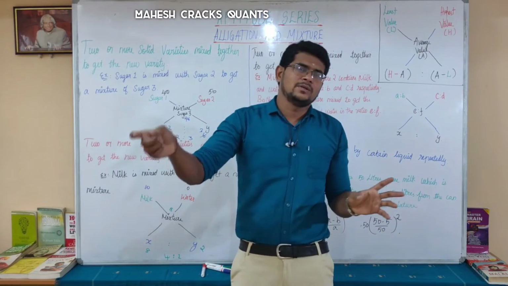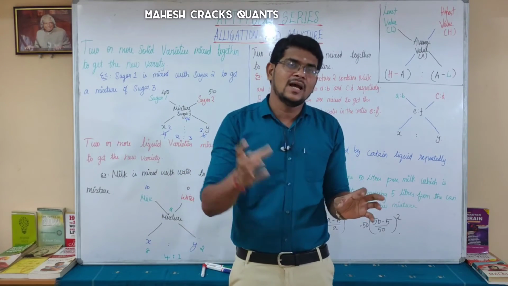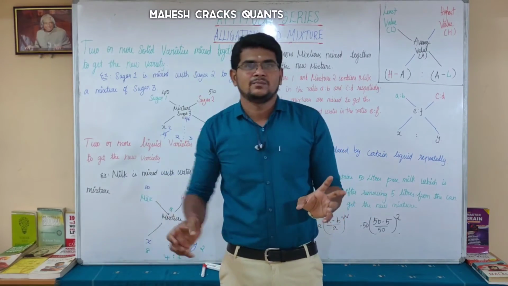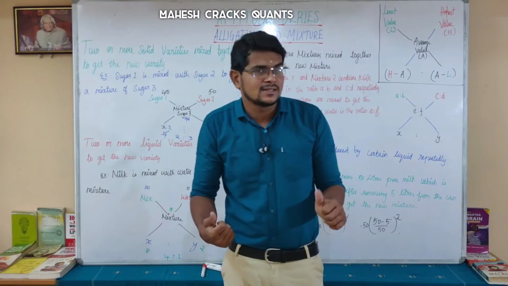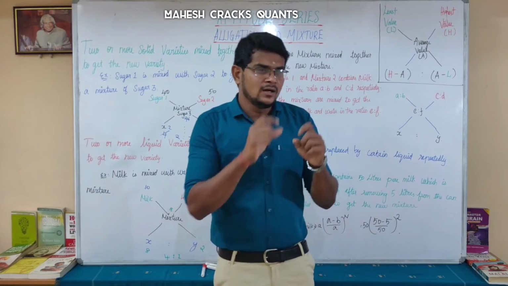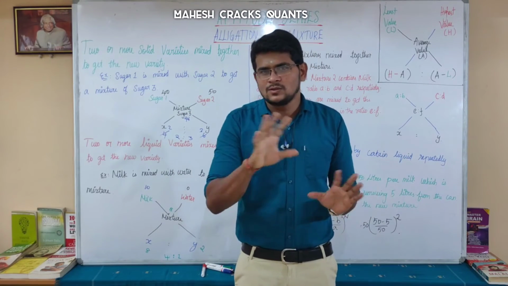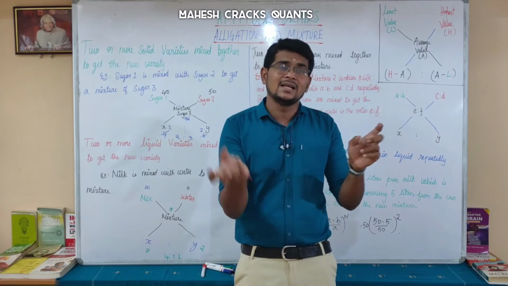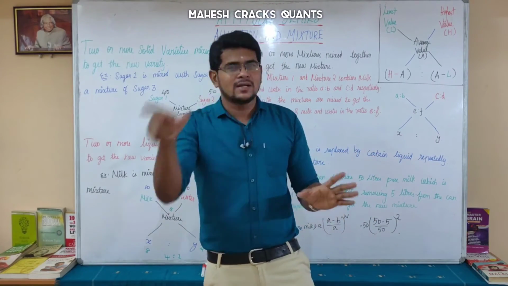I am replacing 5 liters of milk with 5 liters of water. I am doing that again. If you are removing 5 liters the second time, do you get exactly 5 liters of pure milk? No, we will not get it, because 5 liters of water is already mixed inside it.